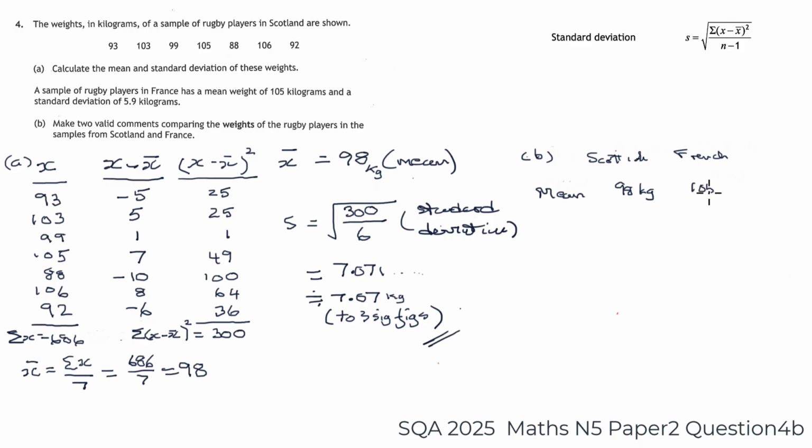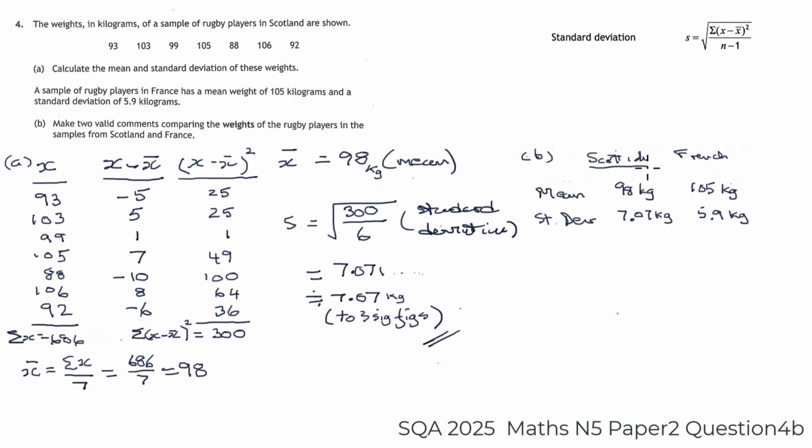You'll notice that they're heavier on average, and the standard deviation, we'd worked out 7.07 kilograms for the Scottish, and we're told that the French standard deviation 5.9, so that's less. So the weights are less spread out about the mean for the French.